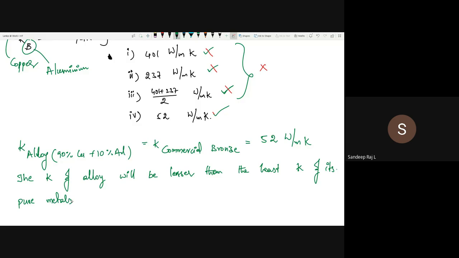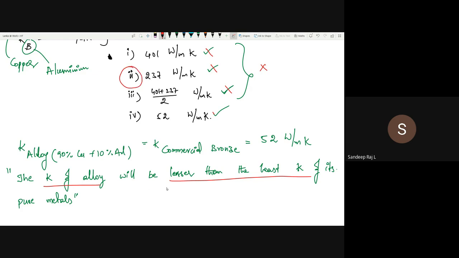Let me repeat this. The thermal conductivity of any given alloy will be lesser than the least thermal conductivity of its pure metals. As we can observe here, what is the lesser thermal conductivity among 401 and 237? 237 is the lesser thermal conductivity.